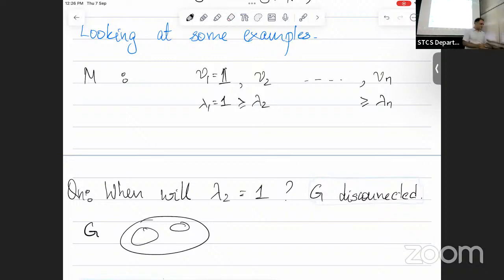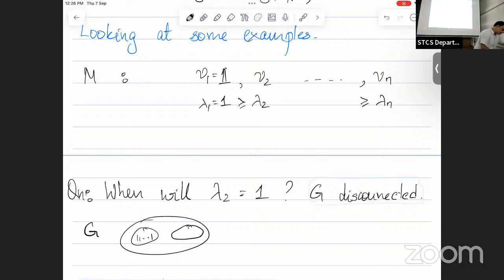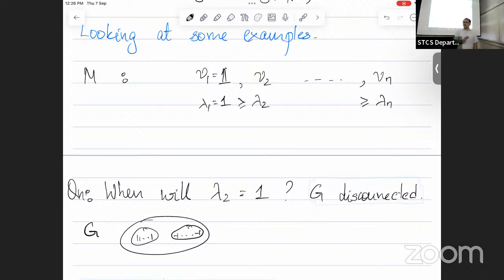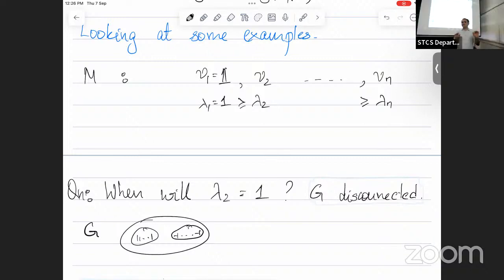In principle, I can put ones here. And if they are different sizes, then I agree. But if they are the same size, wouldn't this still be like the all ones vector itself? No. So for example, if they are exactly of the same size, consider the following potential. On all the vertices in one component, I put 1. On all the vertices of the second component, I put -1. Oh, right. I'm sorry. Yeah. Okay. So this will ensure that m times f is equal to f itself. Correct. And fortunately here, because the components are of the same size, this f happens to be perpendicular to the all ones vector also.